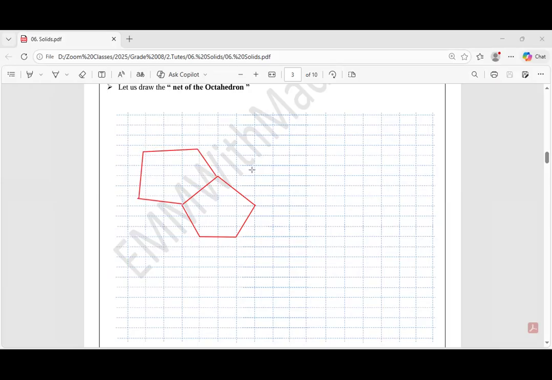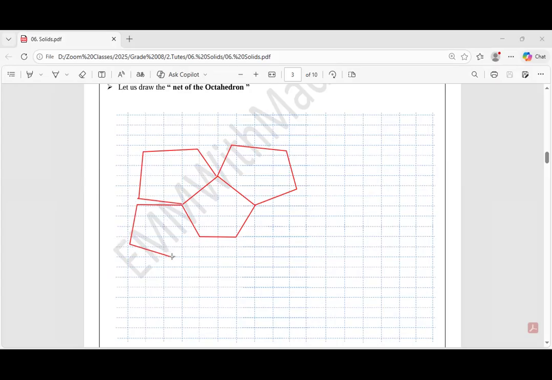Another like this. Actually, I cannot tell the exact measurement to draw this, but the way is this. But all of the shapes should be identical. Each and every shape should be identical.